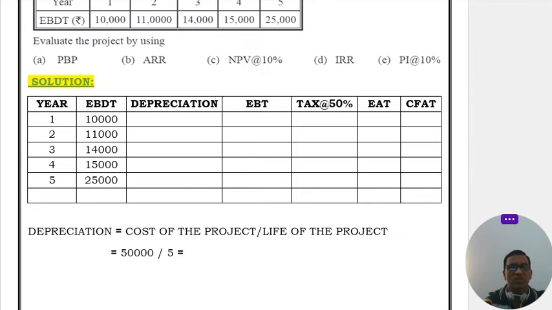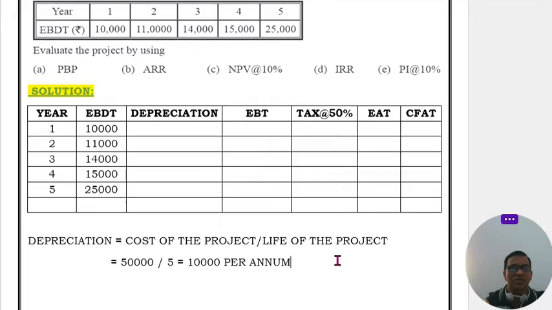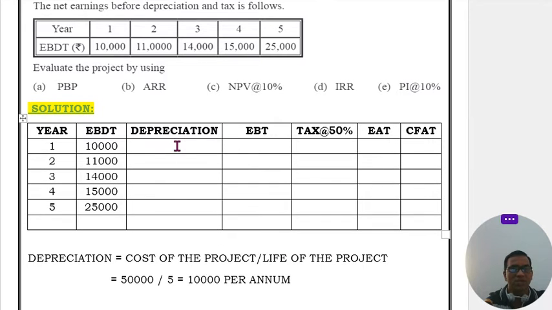If you have salvage value, you have to minus it from the cost, but there is no salvage value here. That is equal to 10,000 per annum. This is the depreciation. Since it is the straight line method, every year it remains the same, 10,000 per annum.